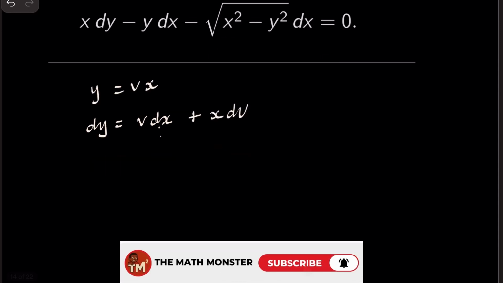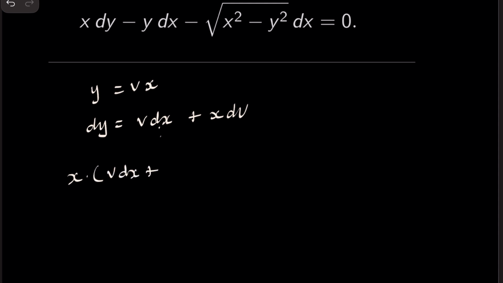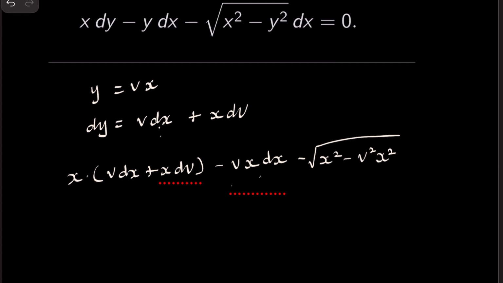Thus our differential equation will be transformed to x times dy, which is v dx plus x dv, then minus y, but y is now vx, times dx, minus the square root of x squared minus y squared, which is now v squared x squared, then dx is equal to 0.